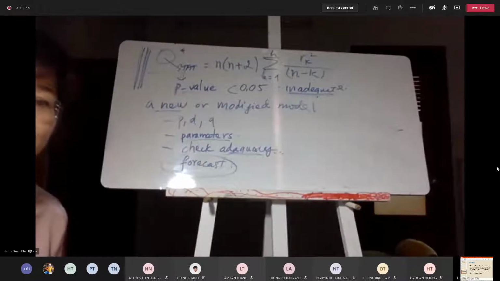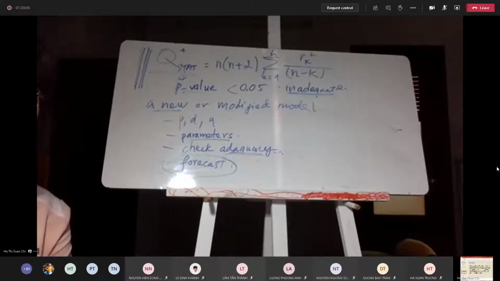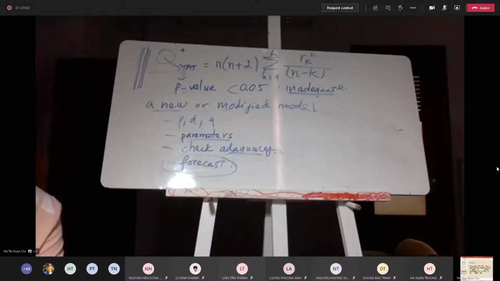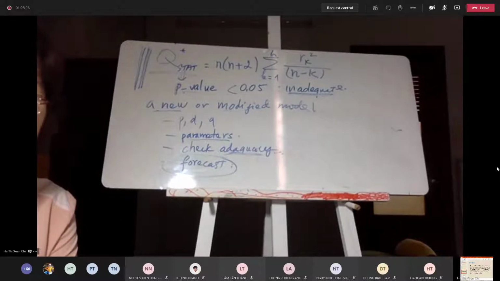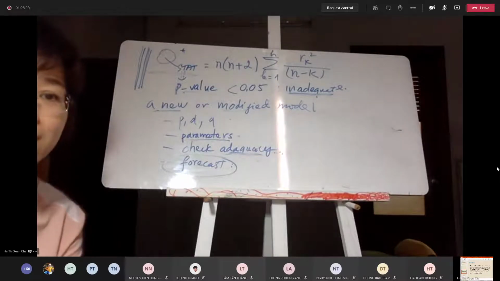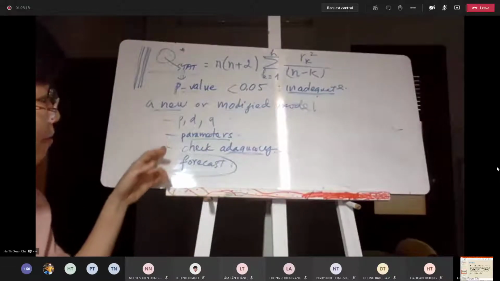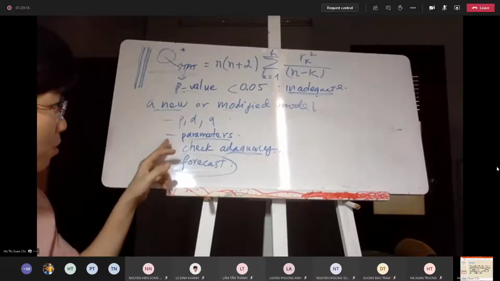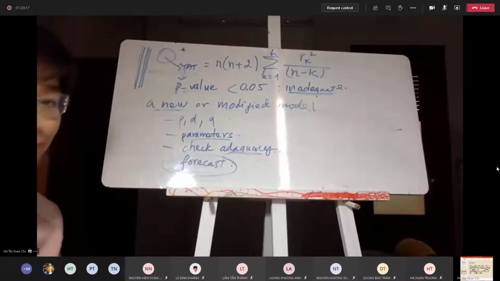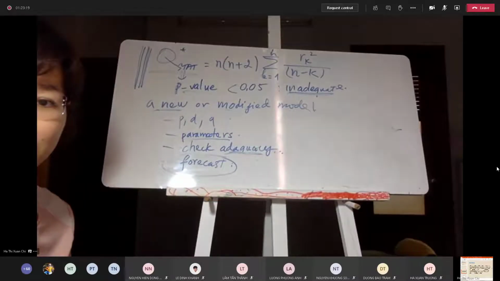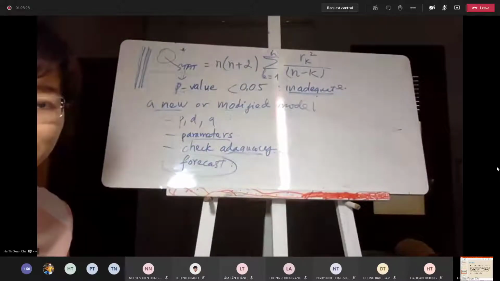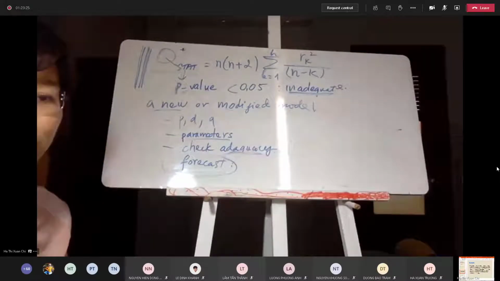If you don't have questions, I will go with the example. The example covers all three steps. I want you to spend time reading the problem first, and then we can do it step by step.